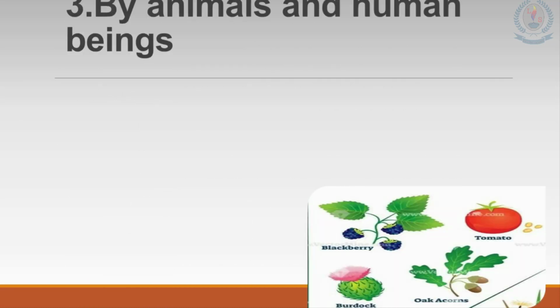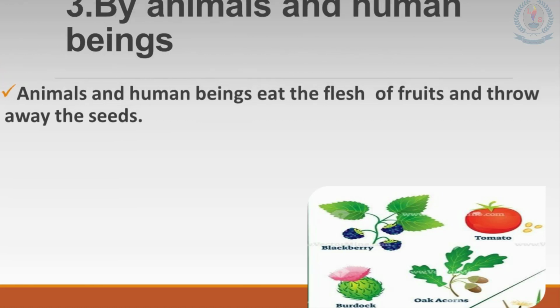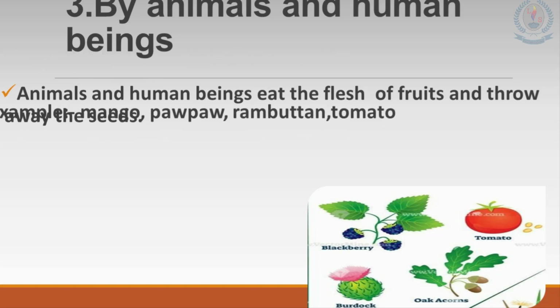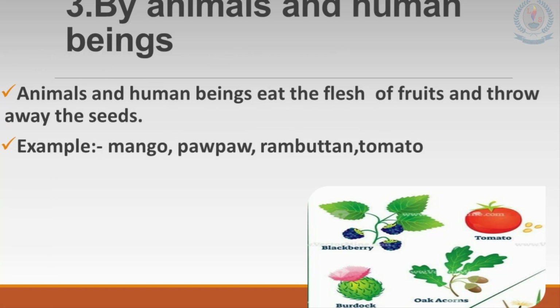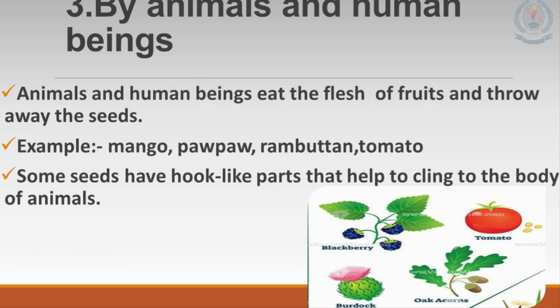The third one is by animals and human beings. Animals and human beings eat the flesh of fruits and throw away the seeds. Examples are mango, papaw, rambutan, tomato, and there are so many examples. Some seeds have hook-like parts.